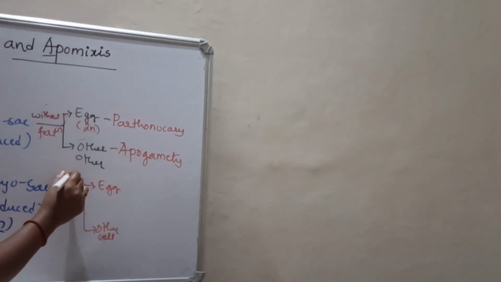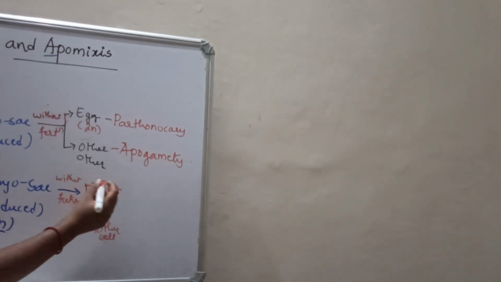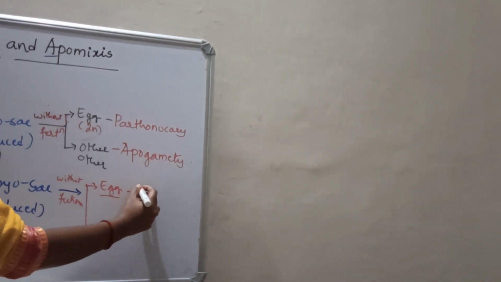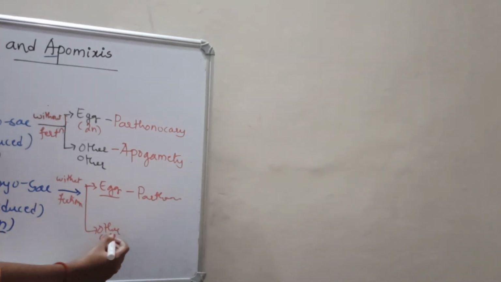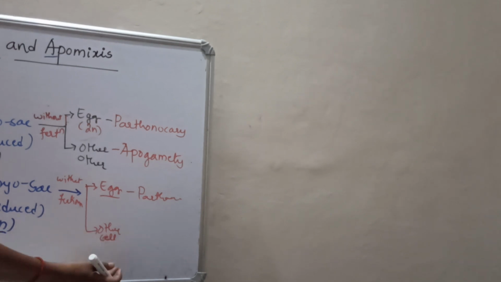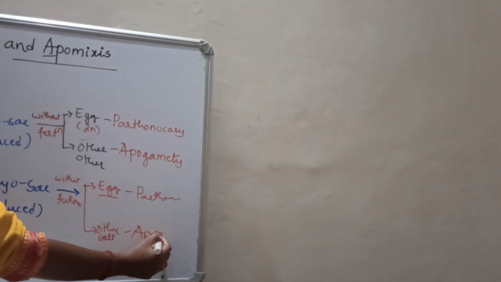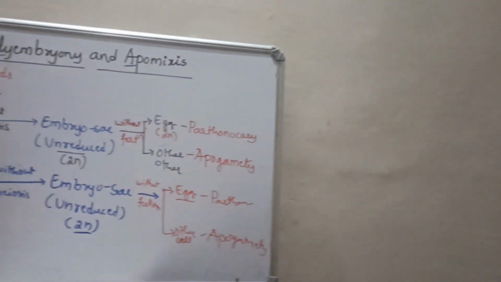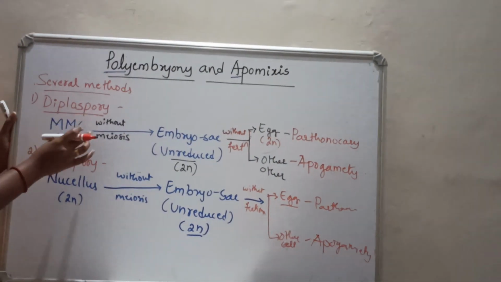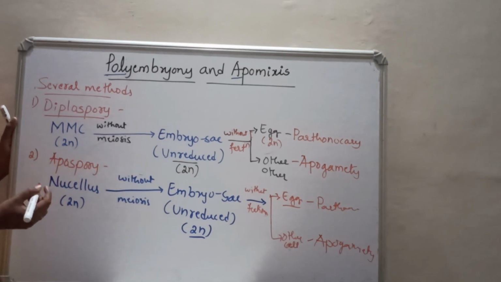Without fertilization, the egg becomes an embryo, which is called parthenocarpy, and the other cells, the antipodal cells, central cell and synergid cells, become an embryo, which is called apogamy. These are the two common methods of apomixis.